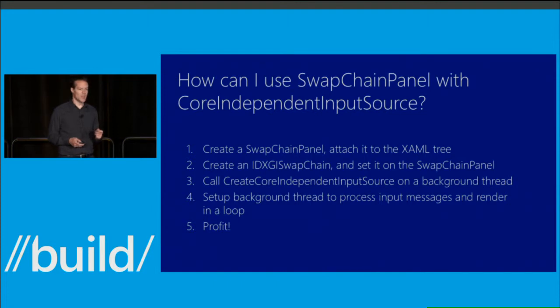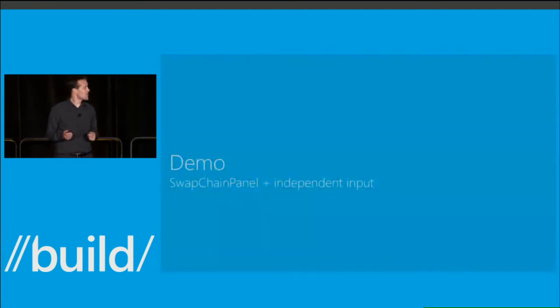You need to call that on the background thread from which you wish to receive the input, not on the UI thread, so that it knows where to send the input. Once you've created a background thread and created that object, you can set it up to process that input using the dispatcher and render, process input, render, and present in a loop, and profit. Good times. So let me show you a demo of this.